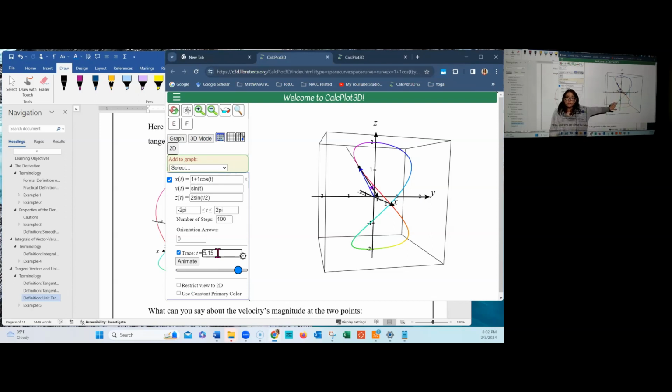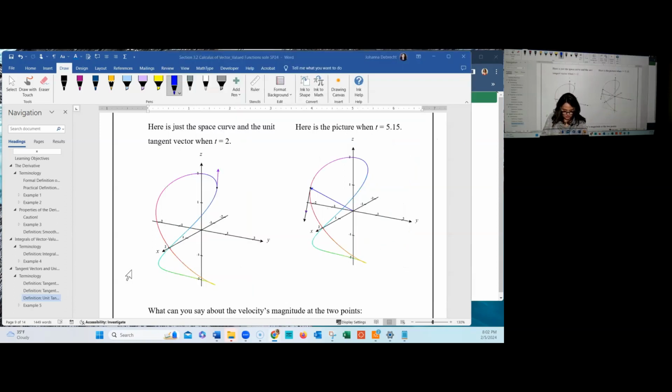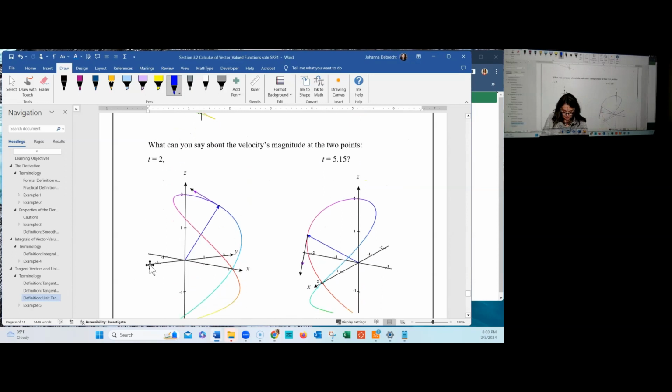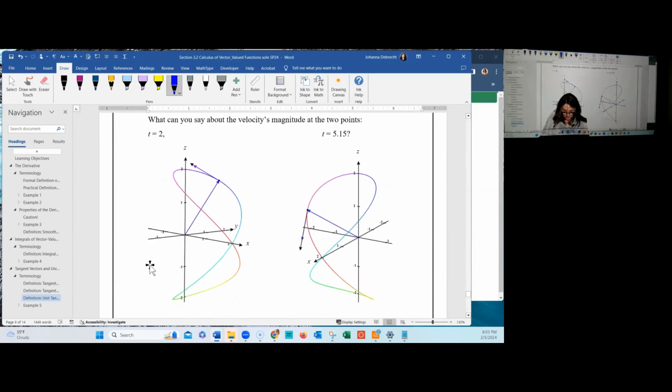It's moving faster at that point in time than it was moving earlier. And here are the two positions with the velocity vectors graphed, so you can tell the difference. You can tell it's barely longer than the unit vector when t is 2, and quite a bit longer when t equals 5.15.